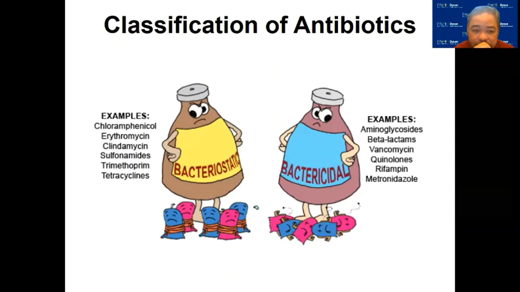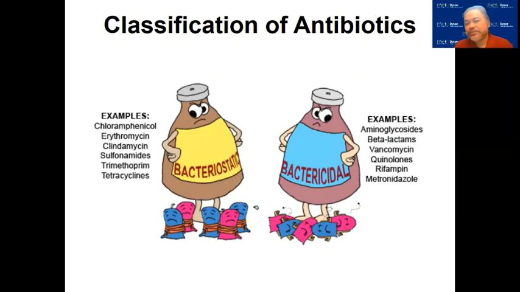This would include chloramphenicol, erythromycin, clindamycin, sulfonamide, trimethoprim, and tetracycline. On the other hand, bactericidal antibiotics are drugs that target and kill the target organisms. This would include aminoglycosides, beta-lactams, vancomycin, quinolones, rifampin, and metronidazole.